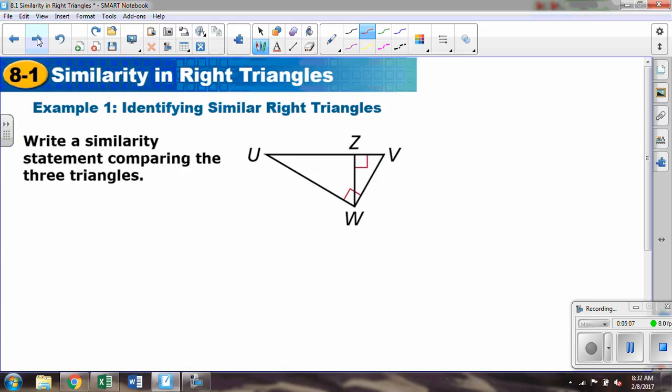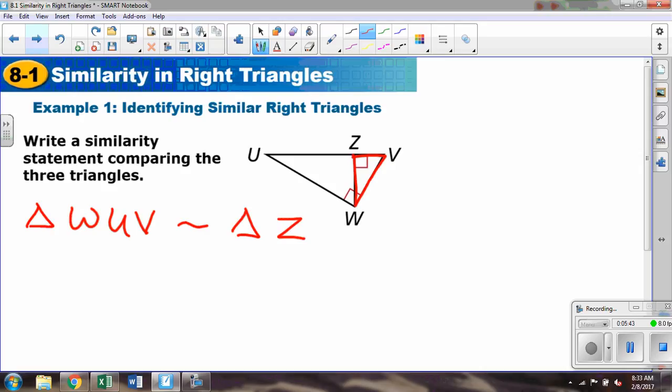Well, of course, start with any triangle you want. For me, I'm choosing to do the big one, where I'm going to start with my 90 and then go UV. That has to be similar to, if we look at the small one, I put the 90-degree angle first simply because that's always the easiest one to recognize. 90 has to match 90.